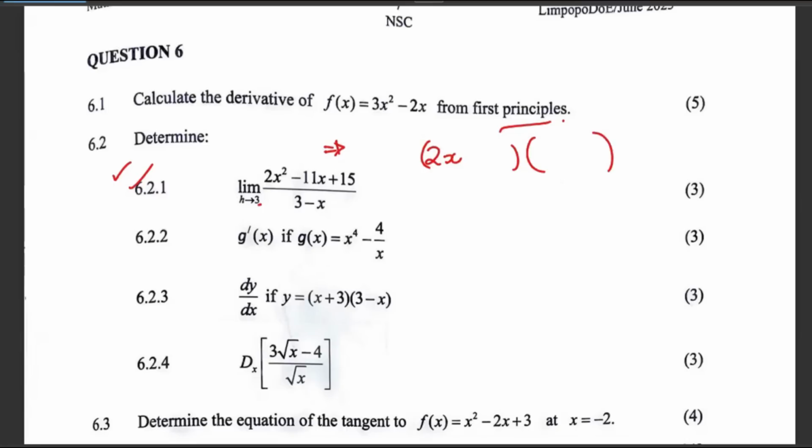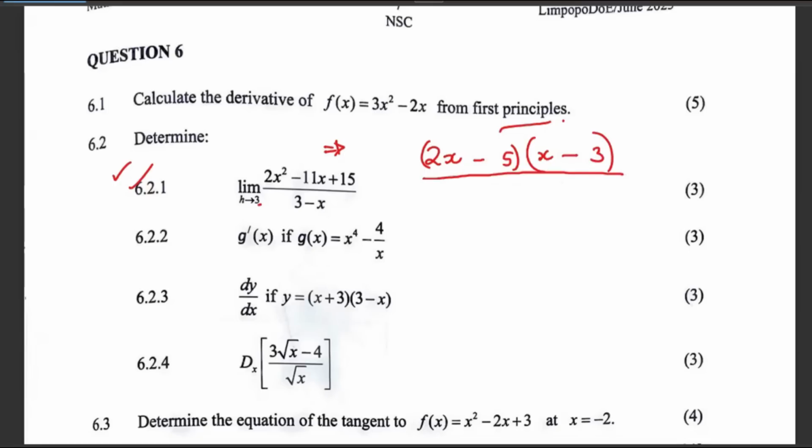Let me put a 3 here. If I put a 5 here, that's going to be 6x. This is going to be 5x. Okay, minus over.